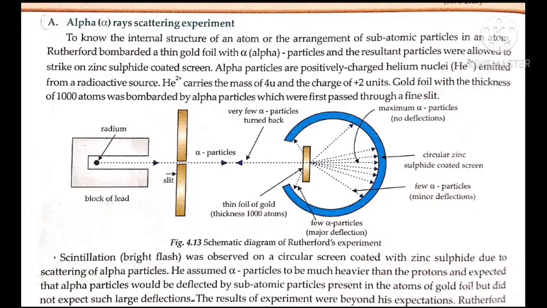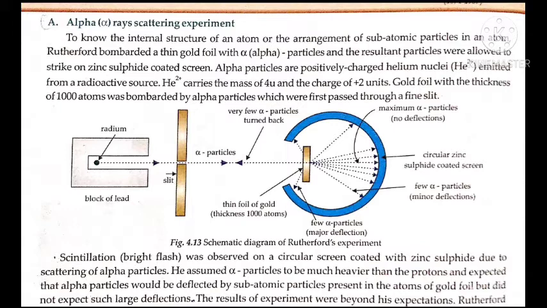Alpha particle or alpha rays scattering experiment. To know the internal structure of an atom or the arrangement of subatomic particles in an atom, Rutherford bombarded a thin gold foil with alpha particles and the resultant particles were allowed to strike a zinc sulfide coated screen.